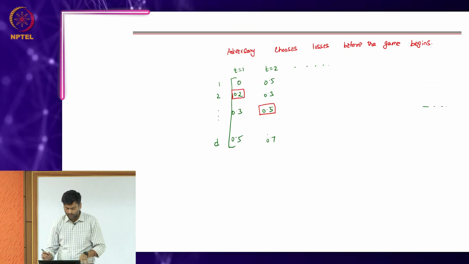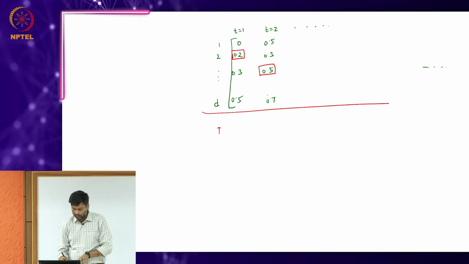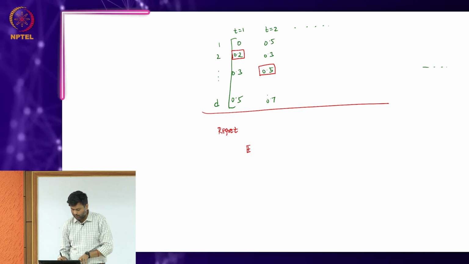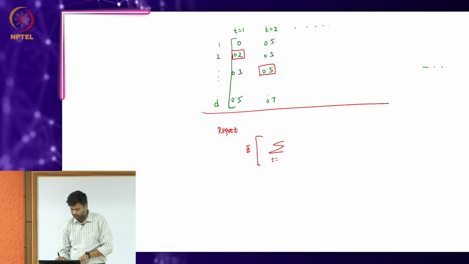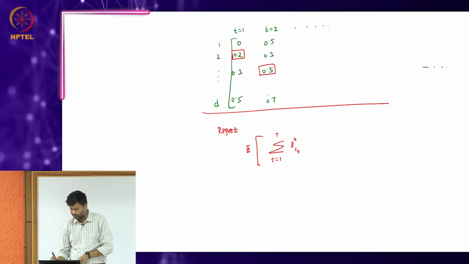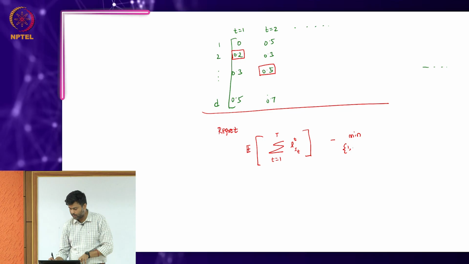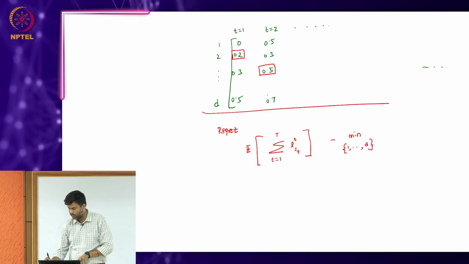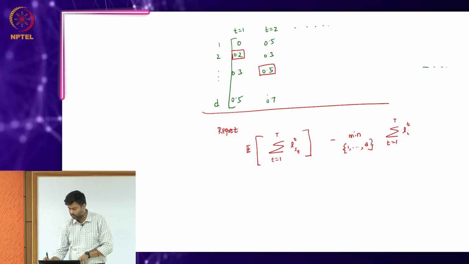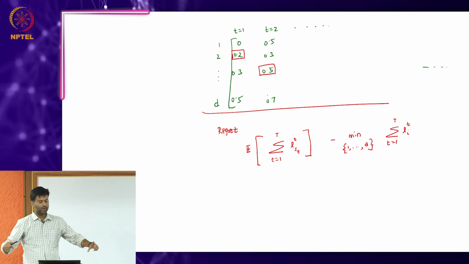So the way you will define regret is exactly the same way. Regret is the expected value of the sum over t equals 1 to T of L_t(I_t), minus the minimum over arms. In this case you have only d arms, so which arm would give me the best value, because there is this entire matrix.